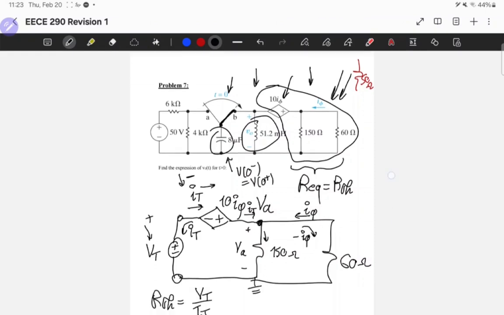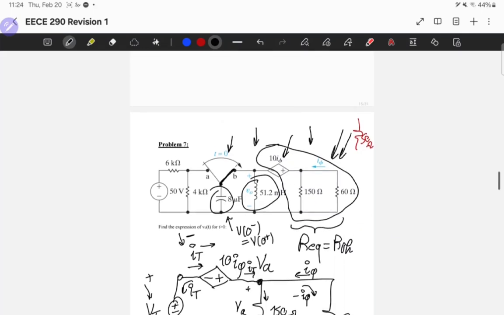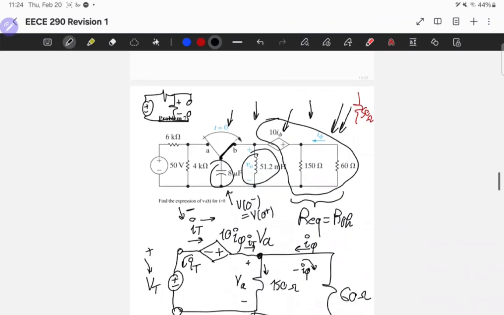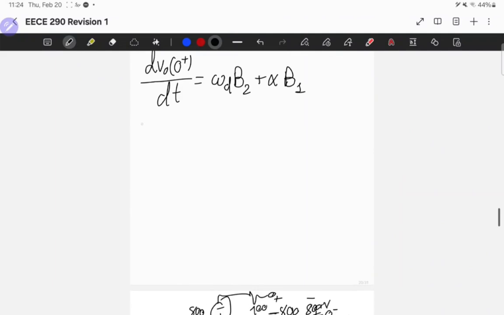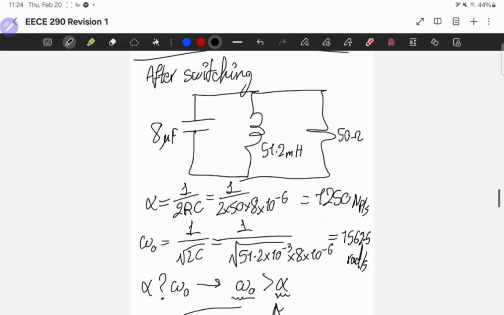We can simply do it by inspection in here. It's like a voltage source, a resistor, another resistor, and an open circuit. So basically I need the voltage across this resistor, which is a voltage divider formula. So 50 times 4 over 4 plus 6. Hopefully this is intuitive.